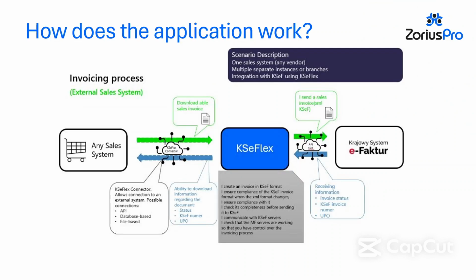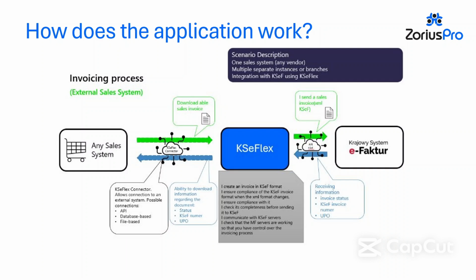Our application will be responsible for retrieving data from your system in the form of files like XML, CSV, JSON, Excel, but not only. The integration will also be able to read data from the database of a sales program or from its API.